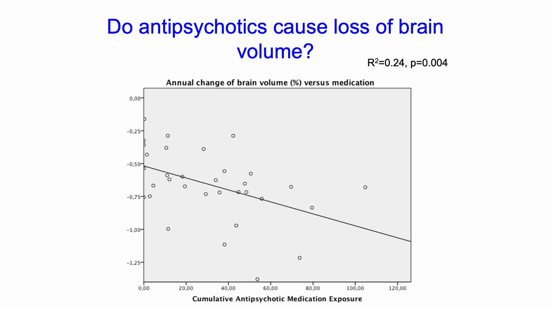And plotted on the x-axis over here is taking more antipsychotics over time. And then this is the percentage brain shrinkage. So the patients who are taking more antipsychotics over time are having more shrinkage of the brain, which might make you conclude that the medicine's causing it.